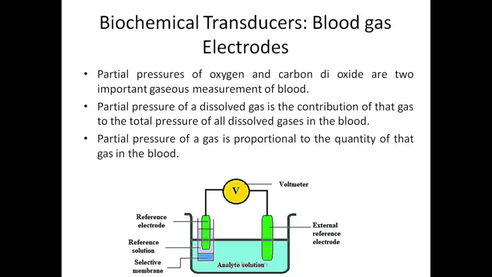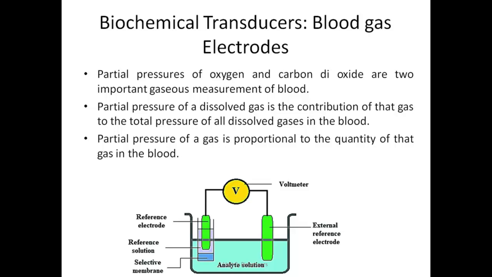Then that blue colored selective membrane is a semi-permeable membrane which will allow only the oxygen ions to pass through it. When the oxygen ions from the blood solution pass through the selective membrane, they come in contact with the electrode, and an oxidation reduction reaction takes place. So a current starts flowing in the circuit.